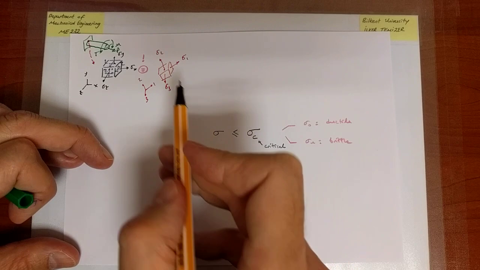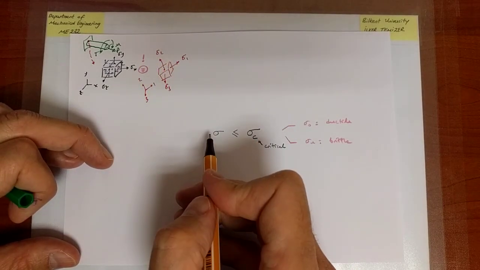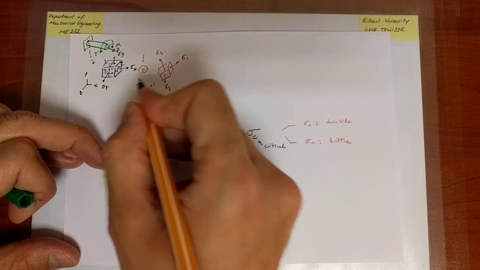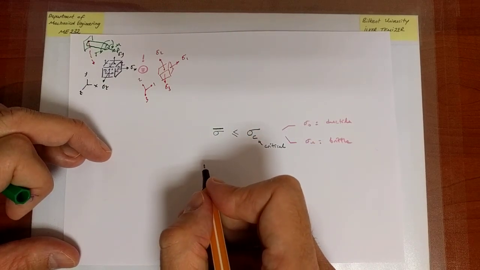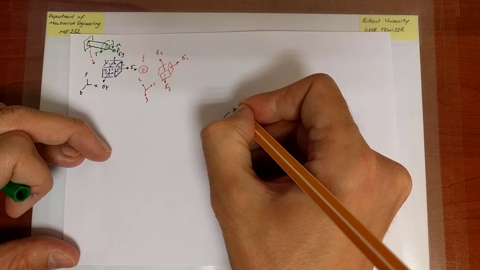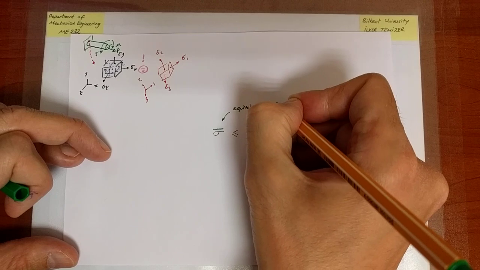What I want to do is make use of all of the components, and what I will do in the presence of multiple stresses is, instead of using one stress, combine them into a so-called equivalent or effective stress. So that's what sigma bar stands for. It's an equivalent or effective stress.